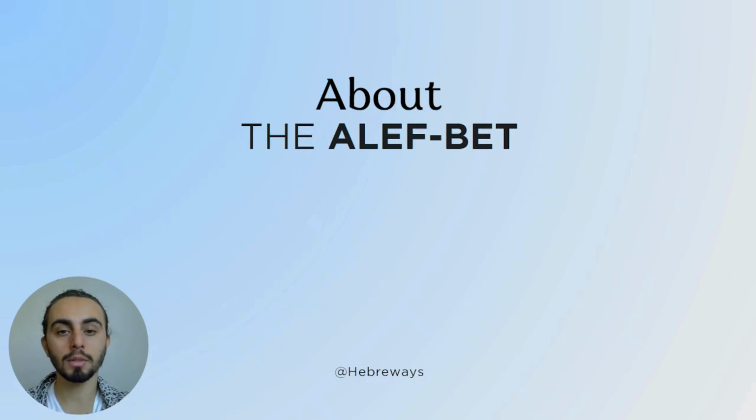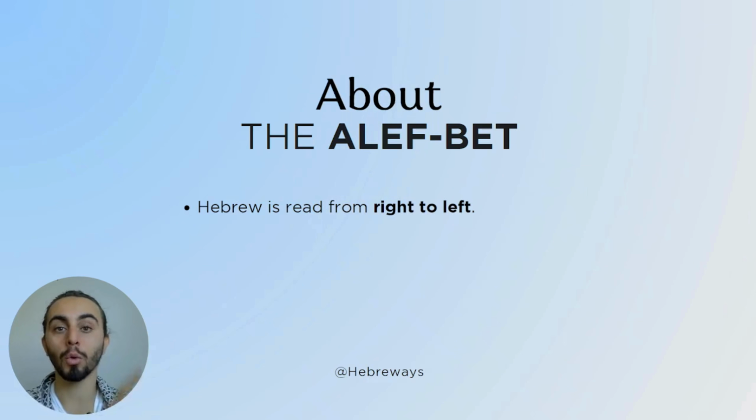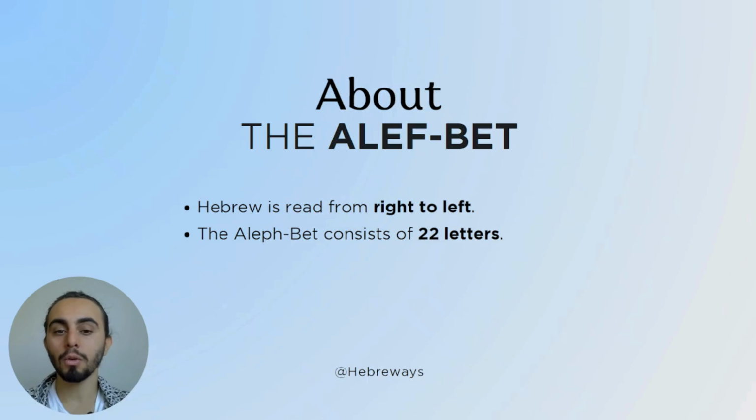So Hebrew is actually read from right to left, opposite than English, opposite than many languages. The books start like this, so people might get crazy over this at the beginning, but it's normal for us. As we know, the Hebrew Alef-Bet has 22 letters.